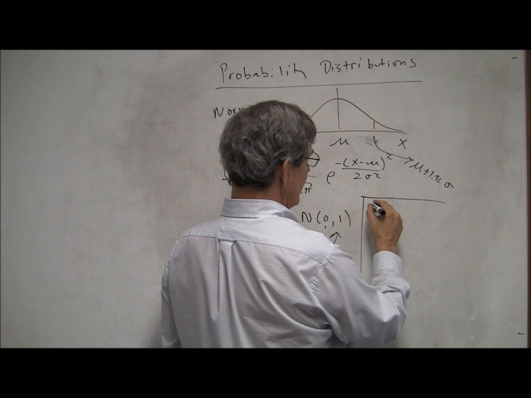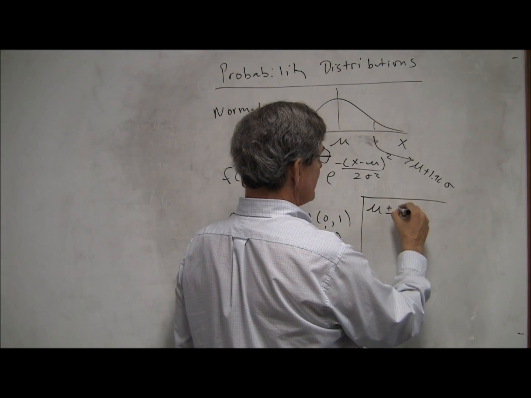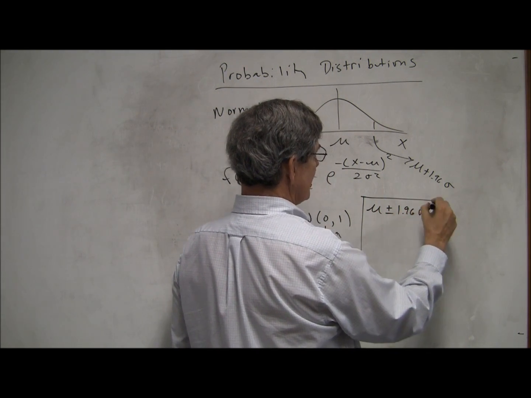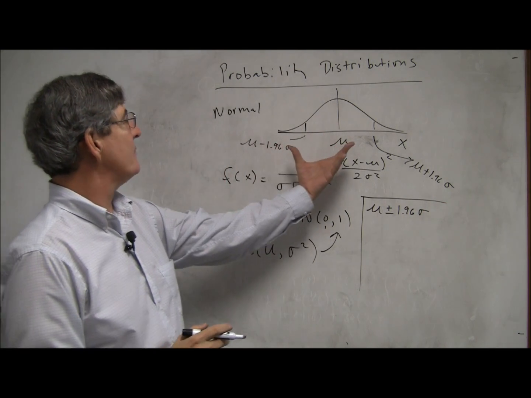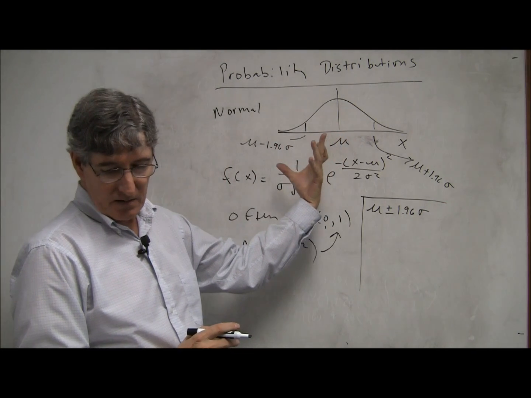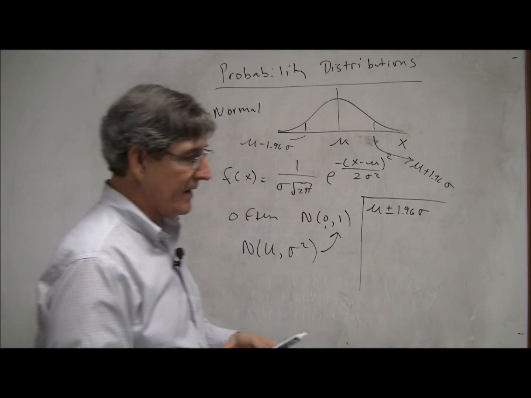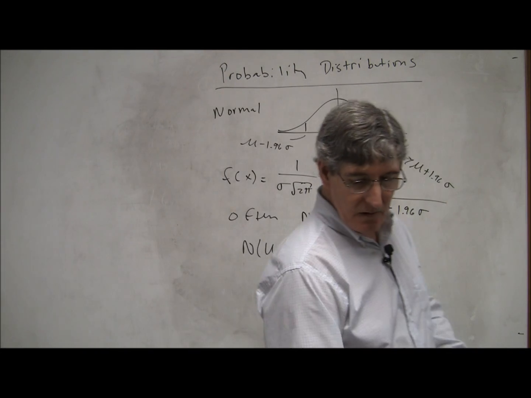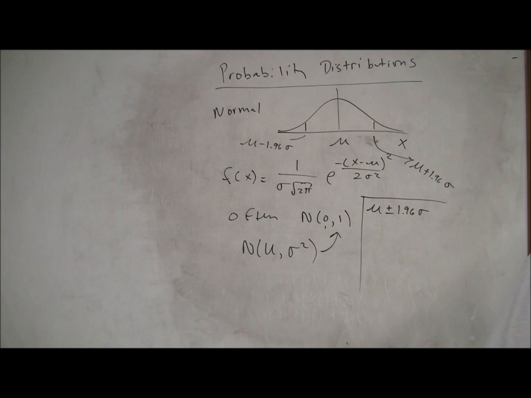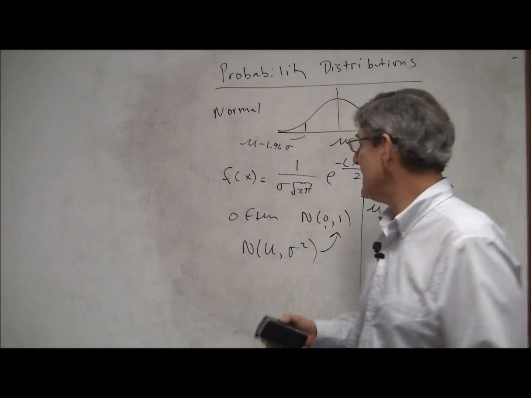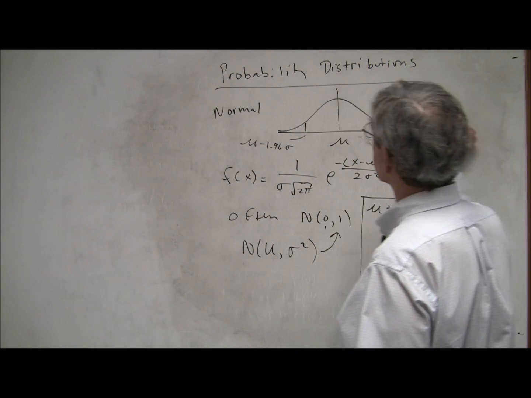So usually you just write it as mu plus or minus 1.96 sigma. That's the 95% probability range for a normal random variable. And as I said, we'll use this quite extensively to do hypothesis testing later on.